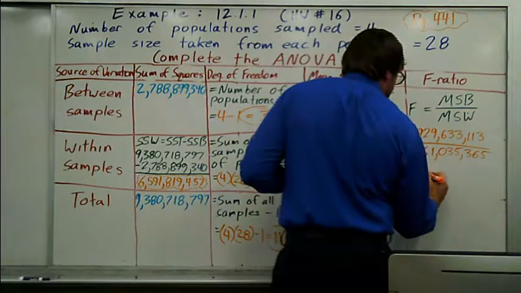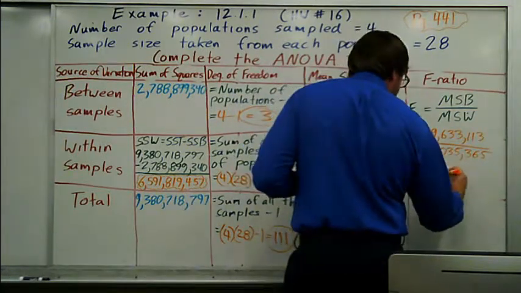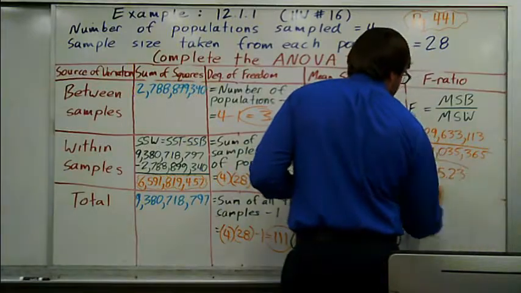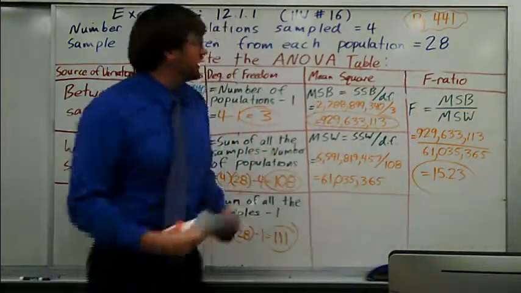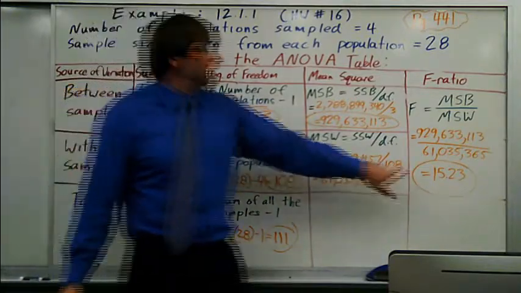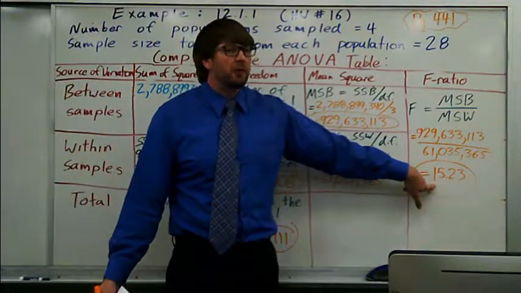And we end up with an F value of 15.23. When we actually want to test the hypothesis, which we'll do in just a second, that's really the only value that we're interested in, the F value.